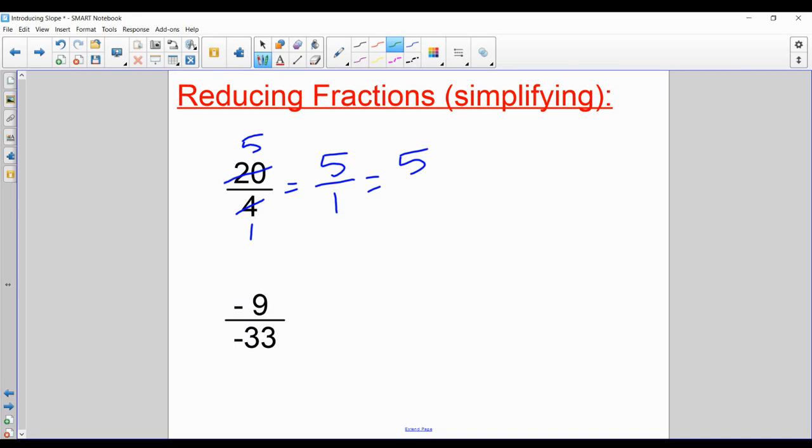Sometimes when we look at this, we can't find a number that goes, like one of the numbers does not go into the other number, I should say. So I'm looking for the biggest number that divides into both.